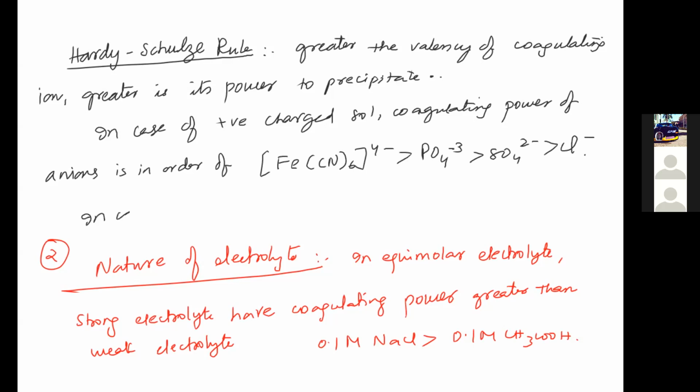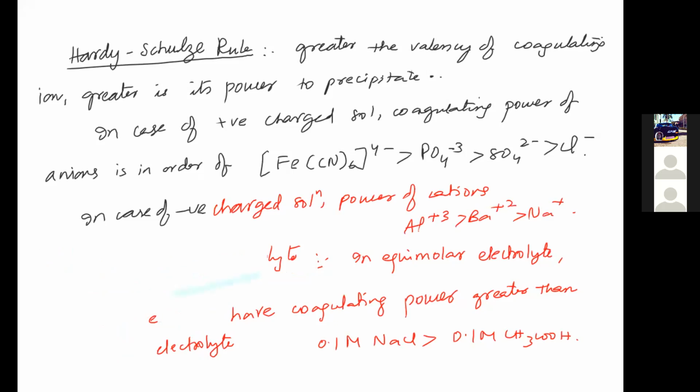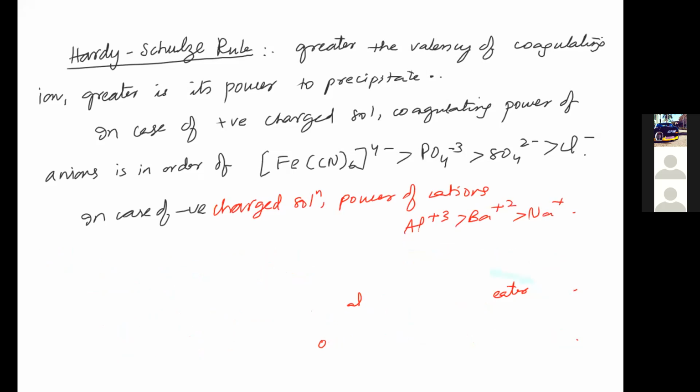In case of negatively charged solution, power of cations is aluminium, barium, sodium. These are all questions asked.